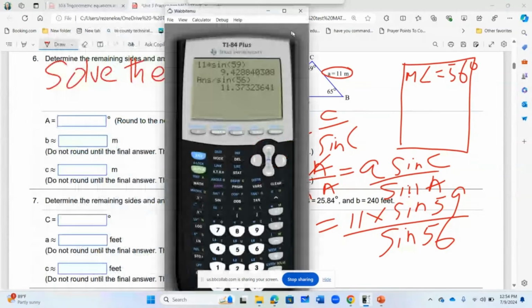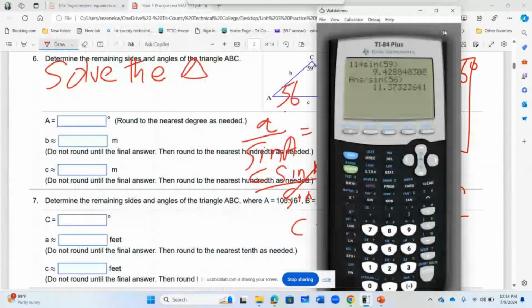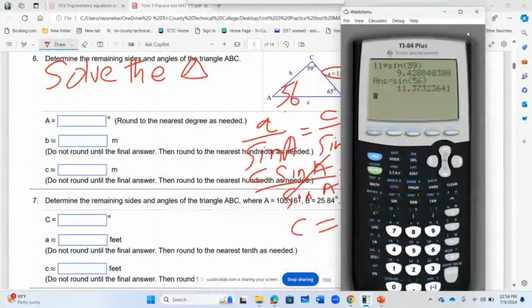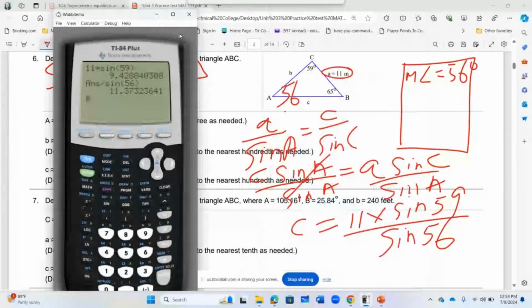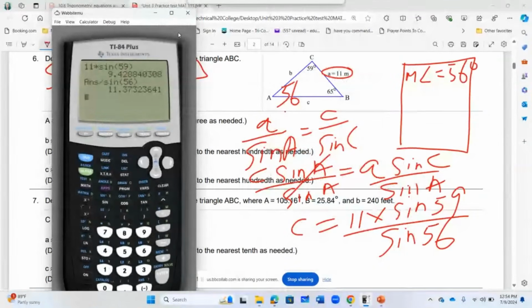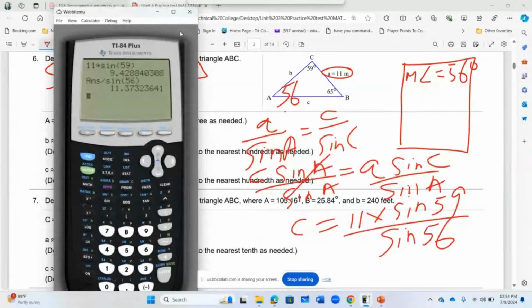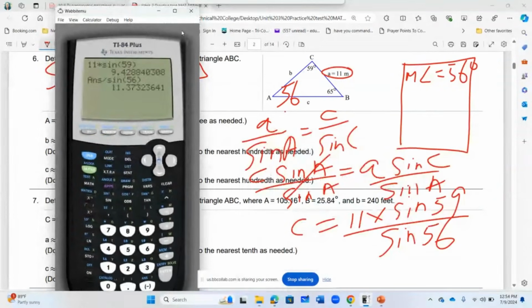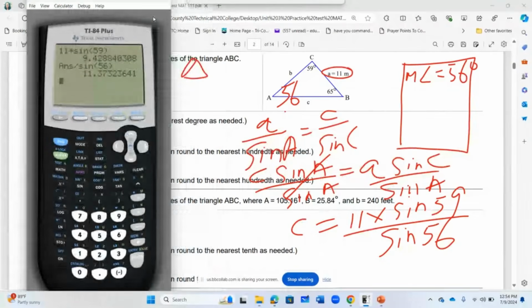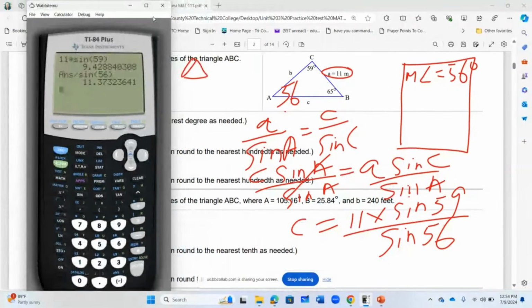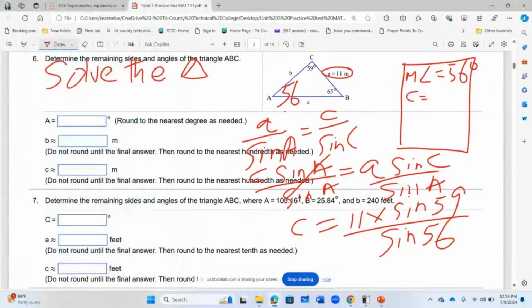Do not round until the final answer, then round to the nearest hundredth, 2 decimal places. So the value of C is 11.37. C is equal to 11.37 meters.